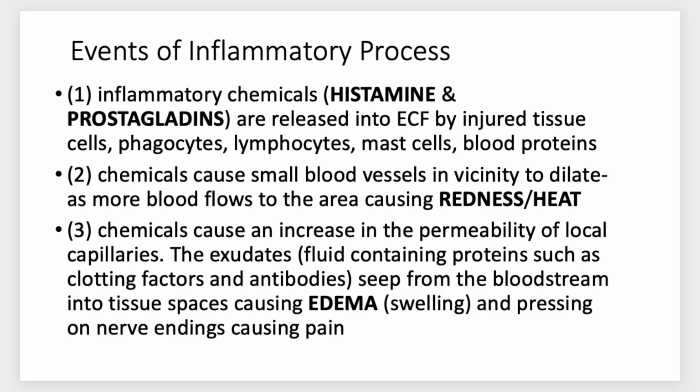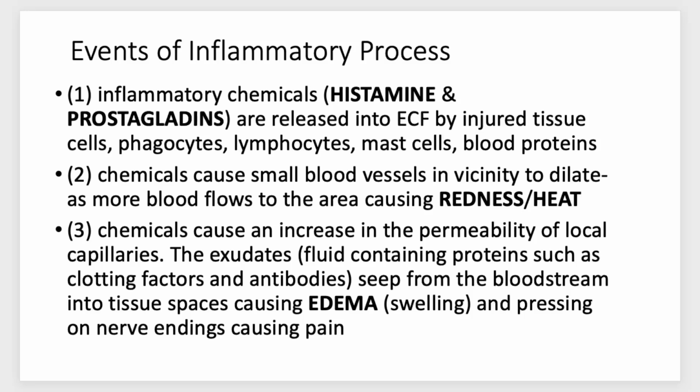So number 1, inflammatory chemicals are going to be released. It's going to be histamine, prostaglandins. That's going to come into the extracellular fluid by the tissues that were harmed themselves. We're going to have phagocytes, lymphocytes, mast cells, and blood proteins.